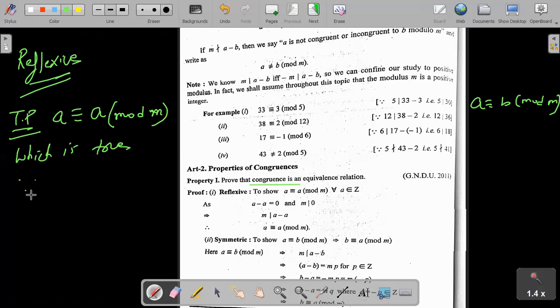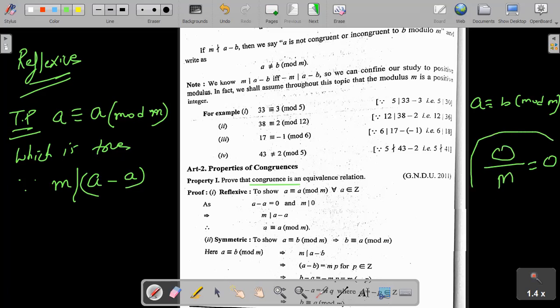What was the definition of congruence? What is A minus A? Zero. And is 0 divisible by every number? Yes, ma'am. 0 से आप किसी भी नंबर को डिवाइड नहीं कर सकते, denominator 0 नहीं हो सकता, but if numerator is 0, this number is always 0.